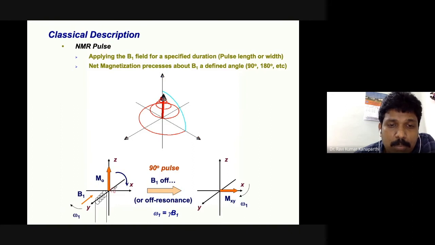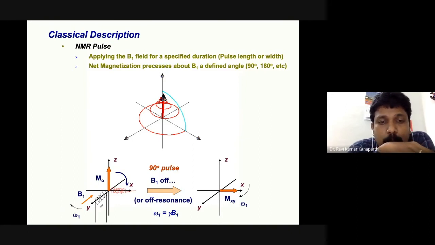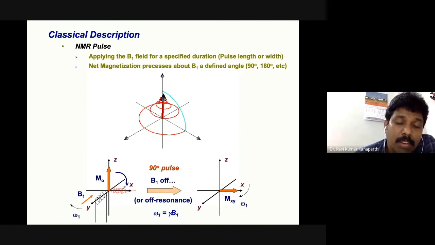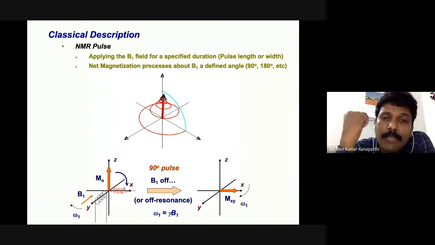This is where people will keep the receiving coil, generally along the x direction. This receiving coil will be absorbing the net magnetization vector.